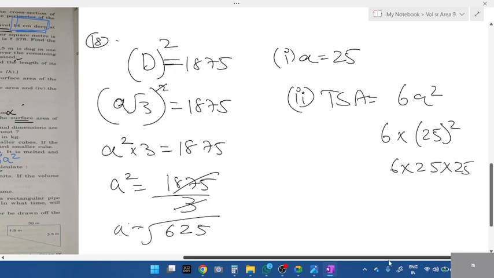Yes, complete this. So read the question and write it. Diagonal square was given. I use the diagonal formula. 18 is done. 14, 15, 16, 19, 20. 4 questions, and in cube we have 1, 2 questions. 6 questions left. We'll do it on Friday.